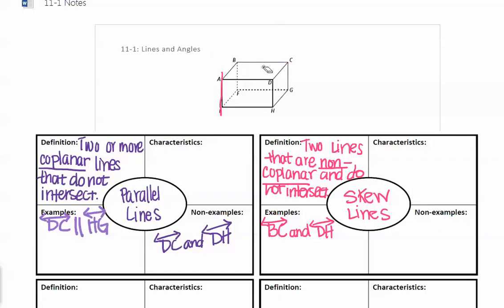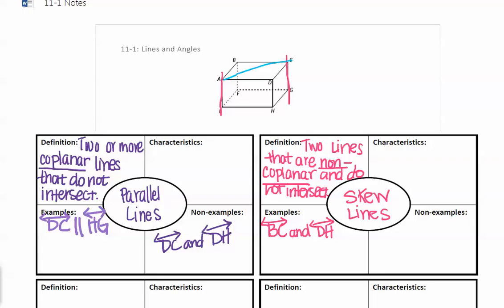Now, let me show you a case where it looks like they are not parallel, but they actually are. So look at AE and CG right here. Those are parallel. They're not going to intersect, and they are coplanar, but in the box format you don't see the plane. So let me show you where the plane is. You're going to have to draw it in.